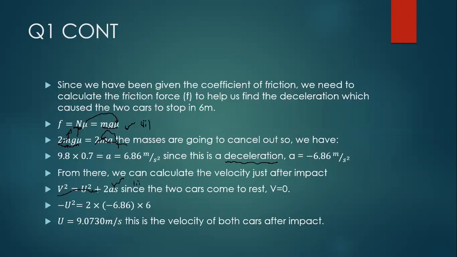F is equal to N mu, and then this N means that for normal we have mg multiplied by mu. Now that's where you are getting it wrong. Normal is not mg multiplied by mu.